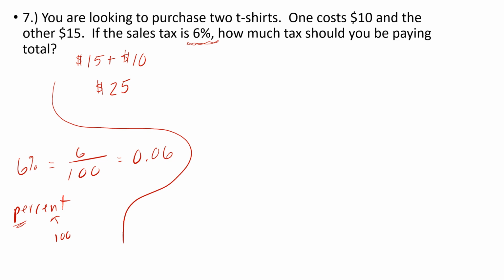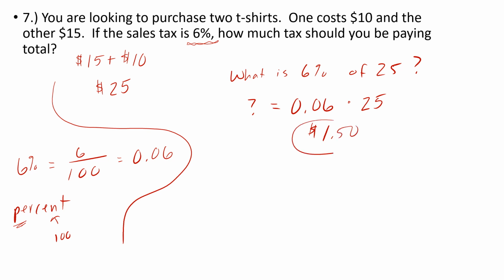So if we are wondering what is 6% of 25, what we're looking for is, the what is 6% of becomes multiplication, and then we have 25. And so we'd grab our calculator, we would do 0.06 times 25, and we would get $1.50.